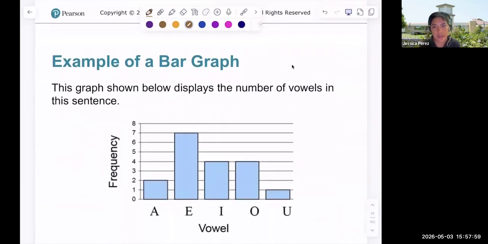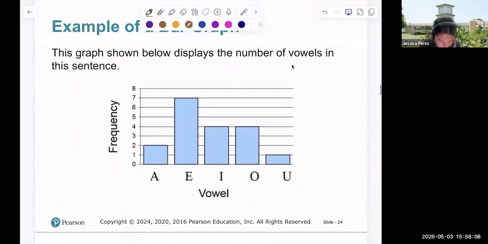So this bar graph shows the number of vowels in the sentence. So A, E, I, O, U. Then there's the frequency: two A vowel sounds, seven E sounds, I, there's four, O, four, and then U, only one.